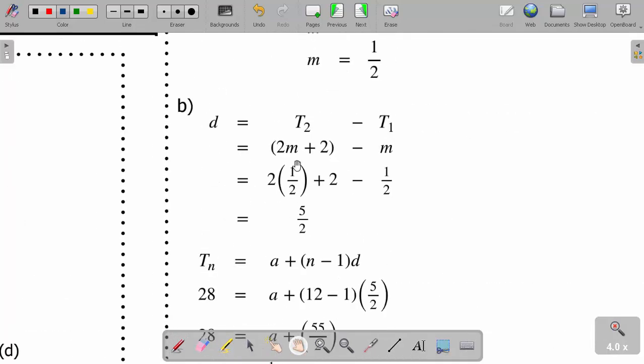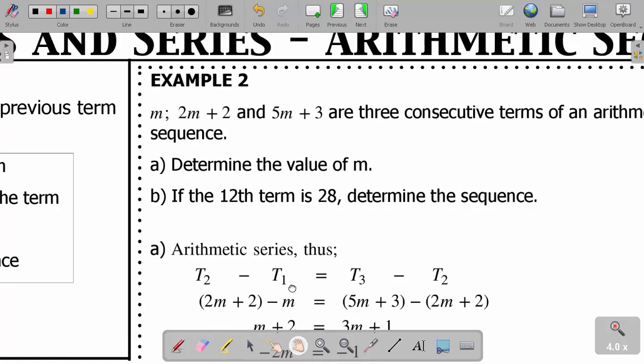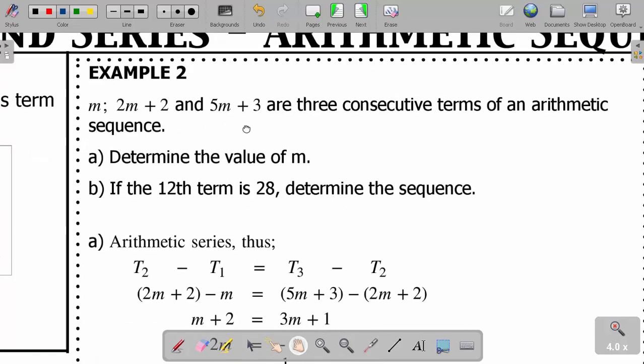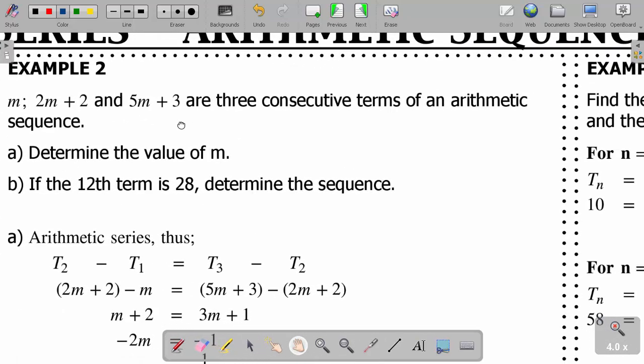Now, another example here. They said that m, 2m plus 2, and 5m are three consecutive terms of the sequence.